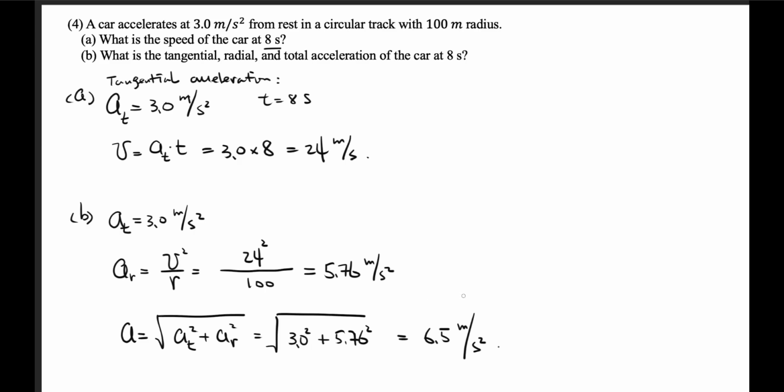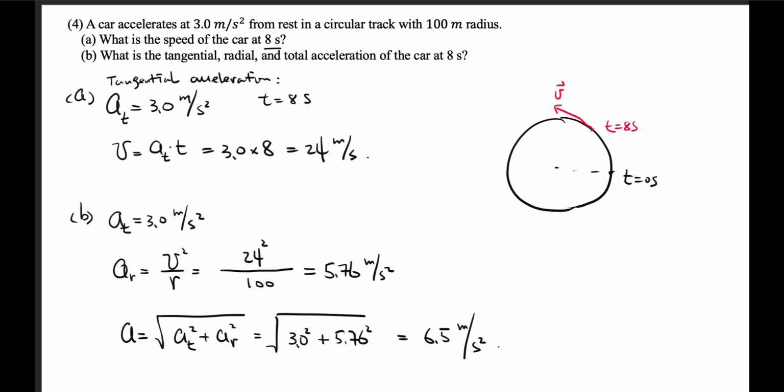Okay, and you can also visualize this. So let's say here is the circular track, and here let's say it's at t equals 0 second. Okay, now at this instant the velocity should be 0, so that's nothing here. And at t equals 8, let's say it's here, then the velocity is this way.